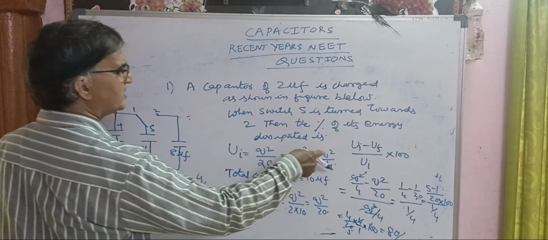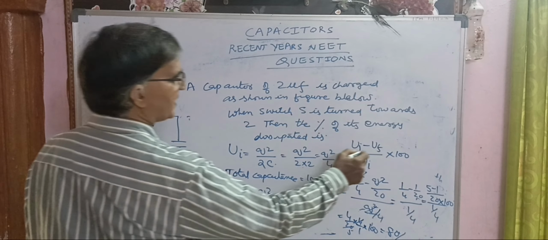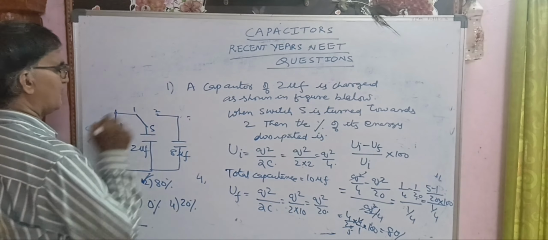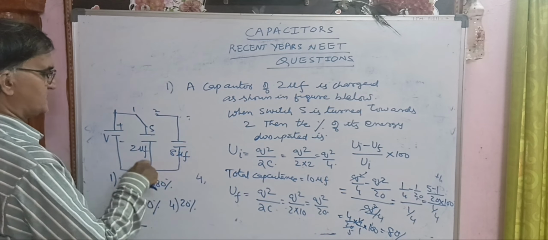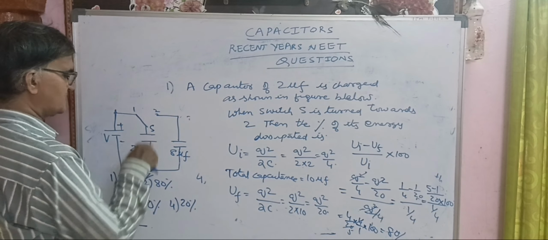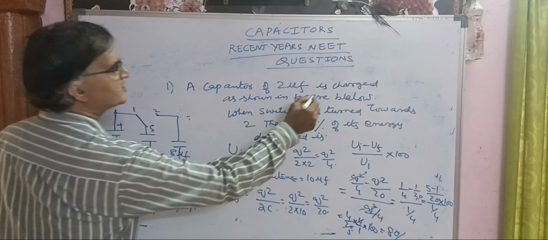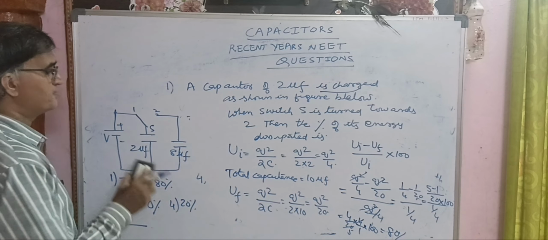You are dividing now. You need not convert anything, you can keep microfarads as they are. Then on simplification, 80% is the answer. This is the first problem. See this concept here: capacitances in parallel. Energy stored, since it is given as charged here, we are using the formula Q square by 2C.